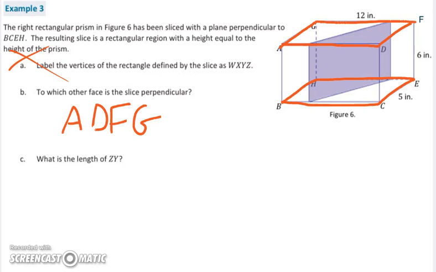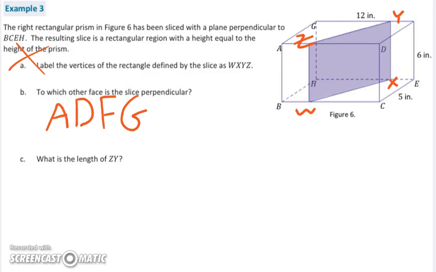And our last problem is letter C. What is the length of ZY? Well, we have to look at the diagram. I'm going to erase a little bit here. This is why I love pencil. So you can erase your paper as well.